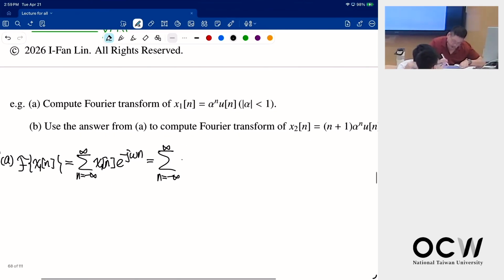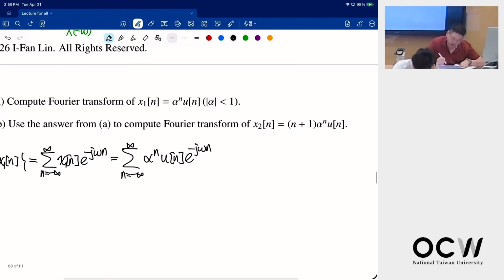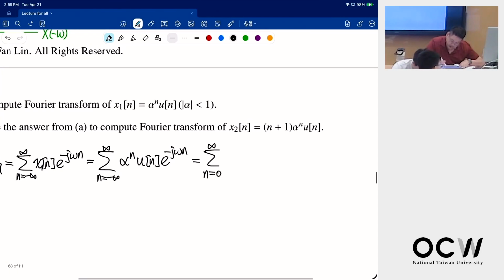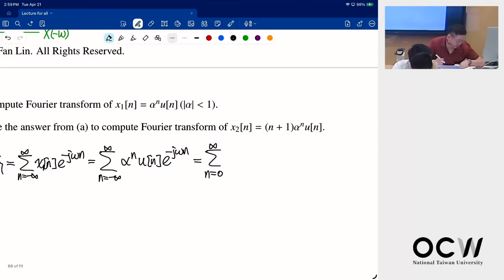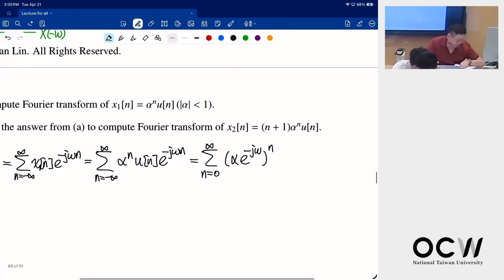So here, alpha^n u[n] e^(-j omega n). For u[n], because it's a unit step function, my summation is from 0 to infinity, where it has a value of 1. So alpha times e^(-j omega), all to the n.